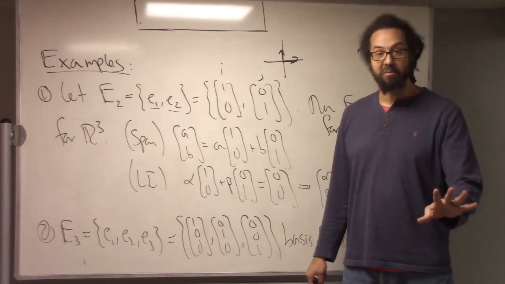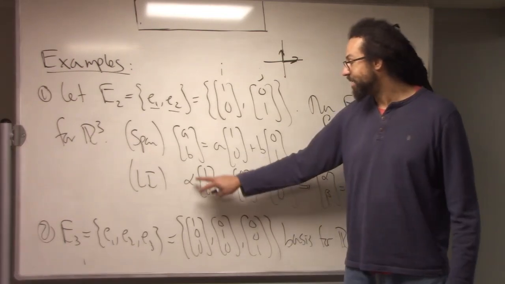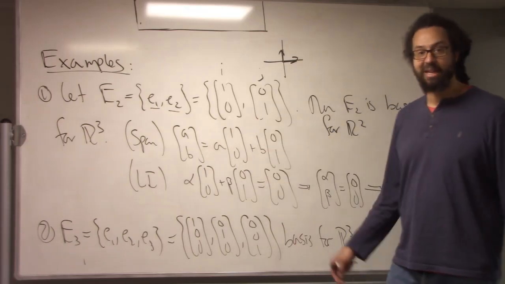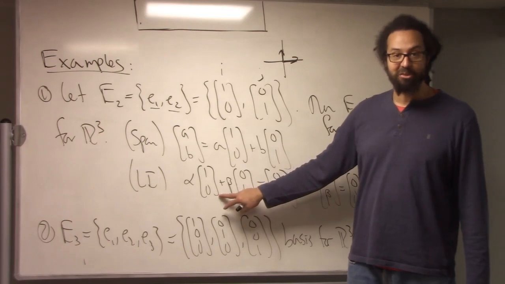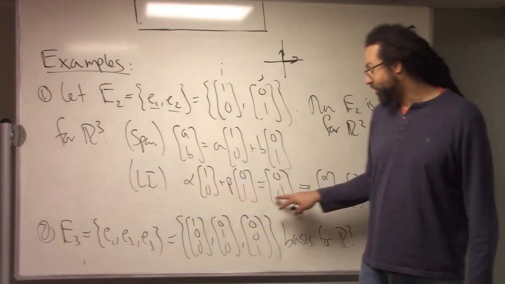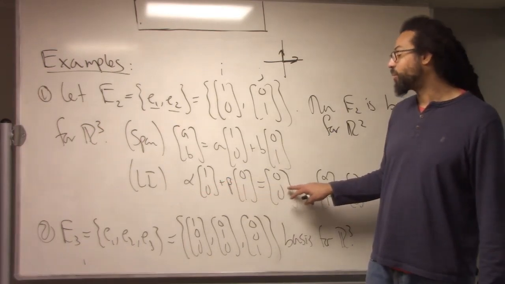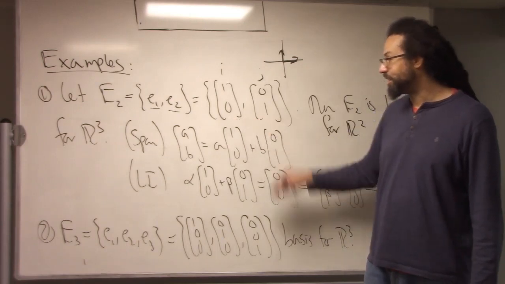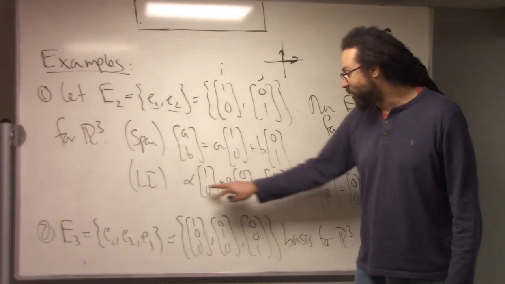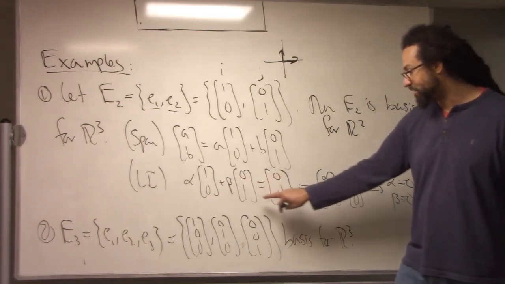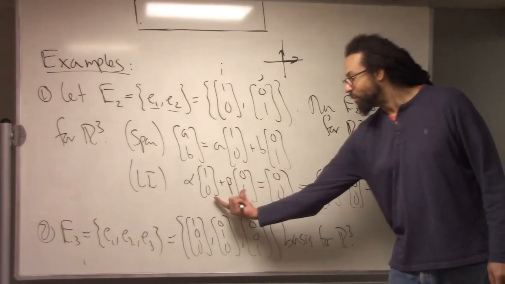So that's part 1 of basis. And then part 2 of basis: are these two vectors linearly independent? Well, graphically we can see that yes, they are. How do you prove that algebraically? Well, show that there's only one way to write 0 as a linear combination of these two things, and that's the trivial way. So you set up a vector equation, alpha (1, 0) plus beta (0, 1) is equal to 0. Work this out.